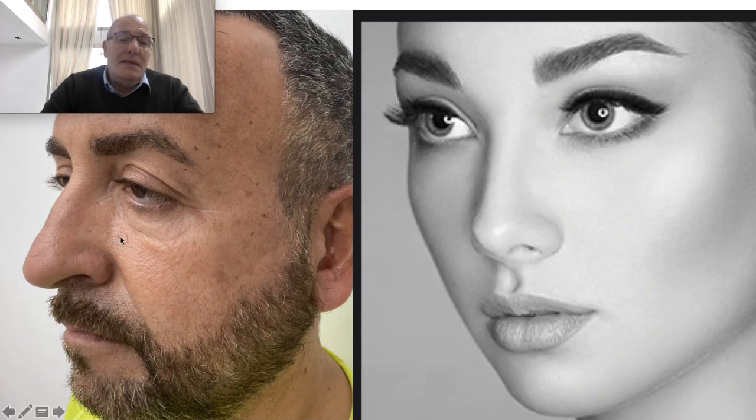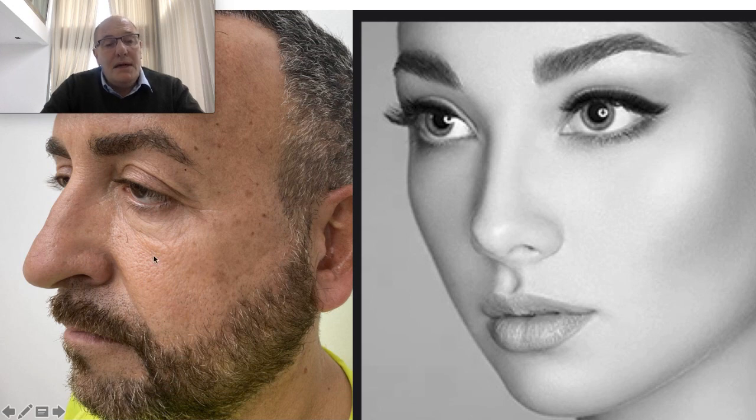Here we can see a flatness here, and what is the difference between this patient and this beautiful girl? If we talk only of this area, this beautiful girl has a nice volume of the malar and cheek area, and also has no distinction between the malar and the lower eyelid junction.